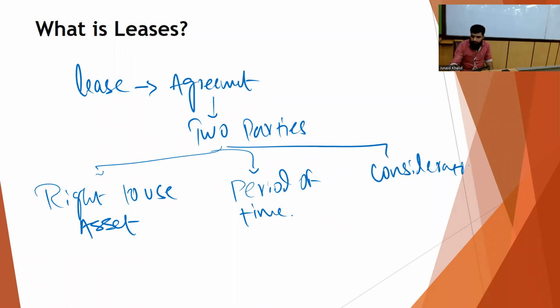So if I were to say, what is a lease agreement? A lease is basically an agreement between two parties in which one party gives the right to use the asset over a period of time, let's say 4 years, 5 years, 6 years, 10 years, against some consideration, against some remuneration.